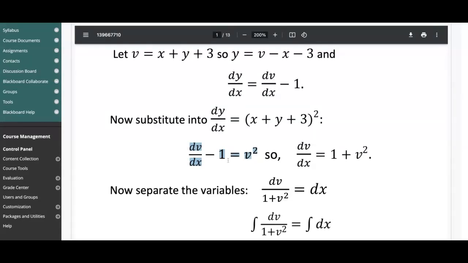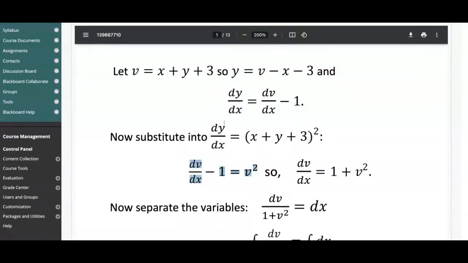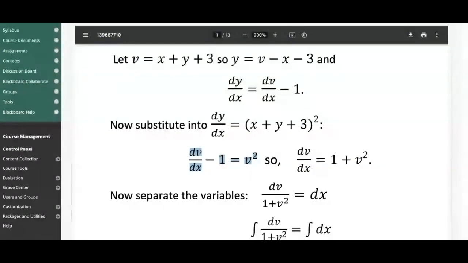Okay, you see the miracle is what? After doing this substitution, the miracle is we simplified this complicated equation into something solvable. So far we have learned separable equations, right? We cannot separate x and y.